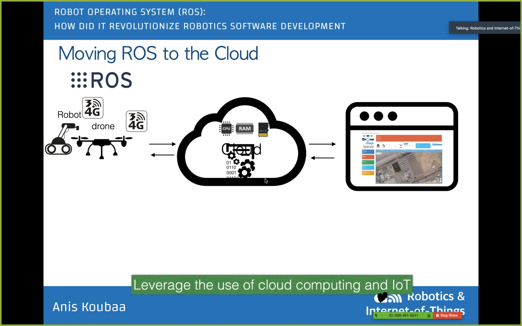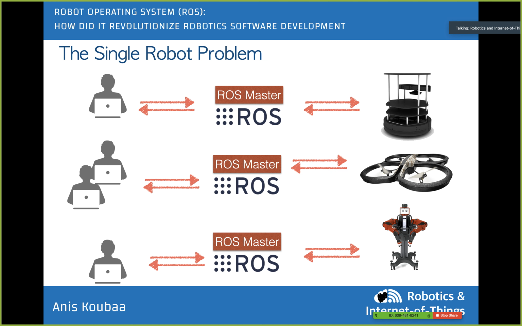This is the problem with ROS. Usually you have a ROS master, and every robot needs to run its own ROS master, and then you can have one user connected to that ROS master. But if you want to control all these robots at once, that was not possible this way.